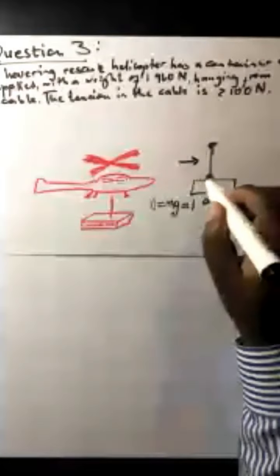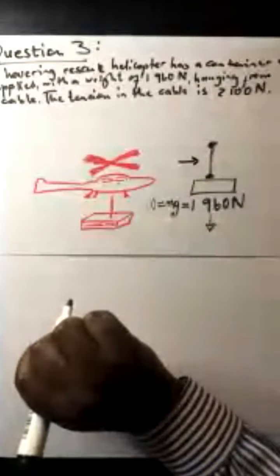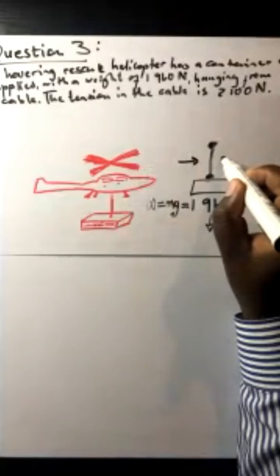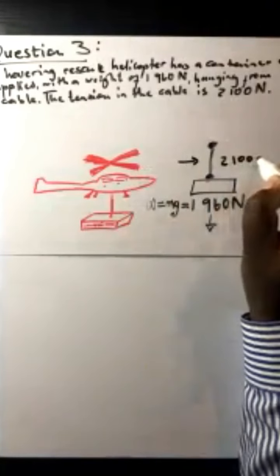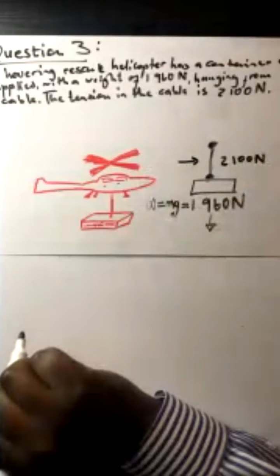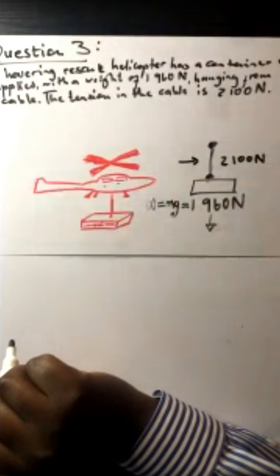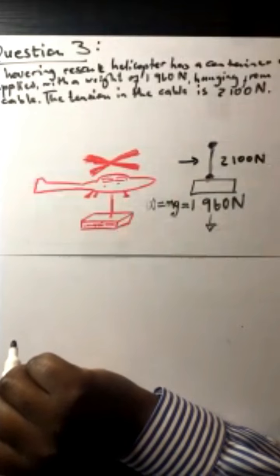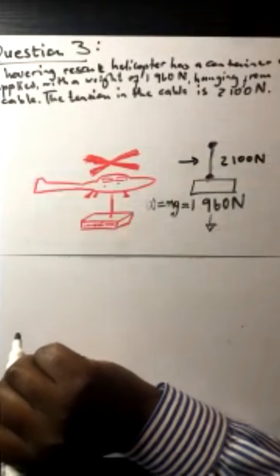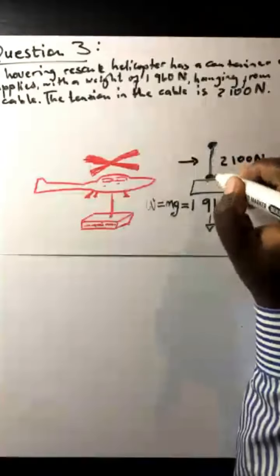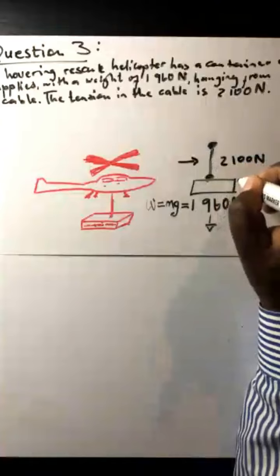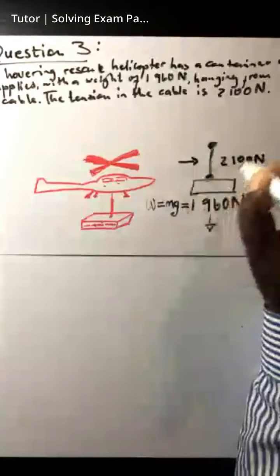So the tension in the cable, we are told, is 2,100 newtons. Force is a vector quantity, which means it has direction. So in which direction is the tension in the cable, in comparison with that container? It's obviously in the upward direction.